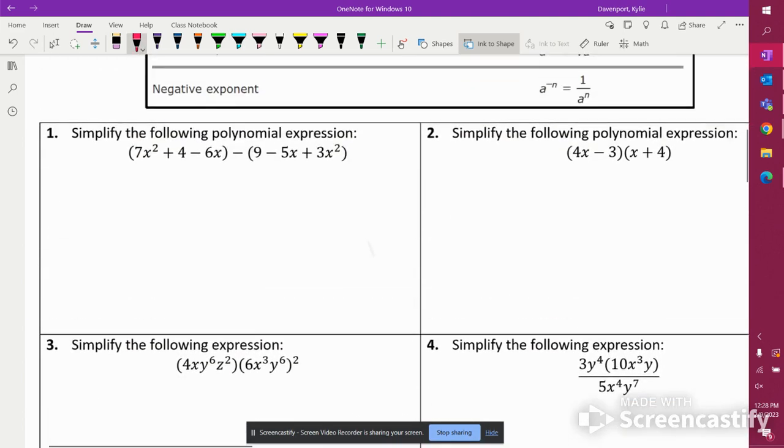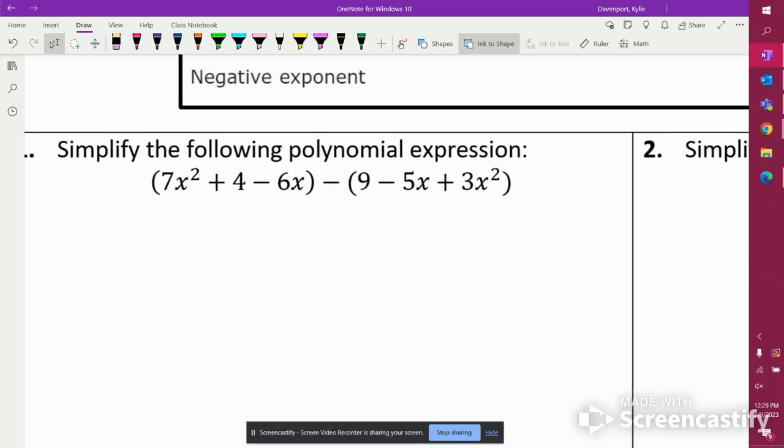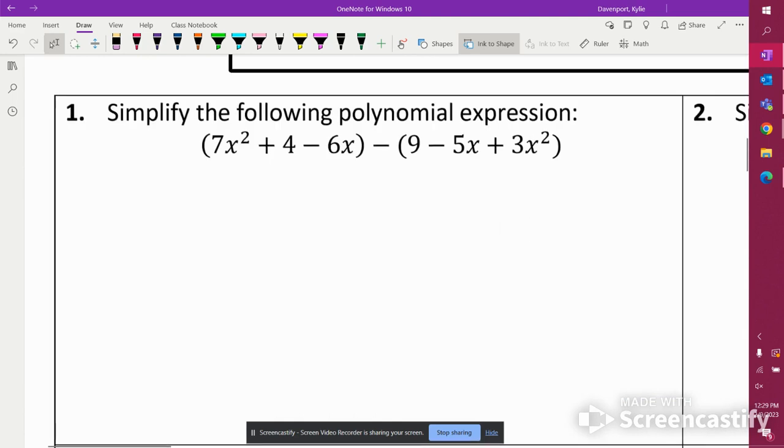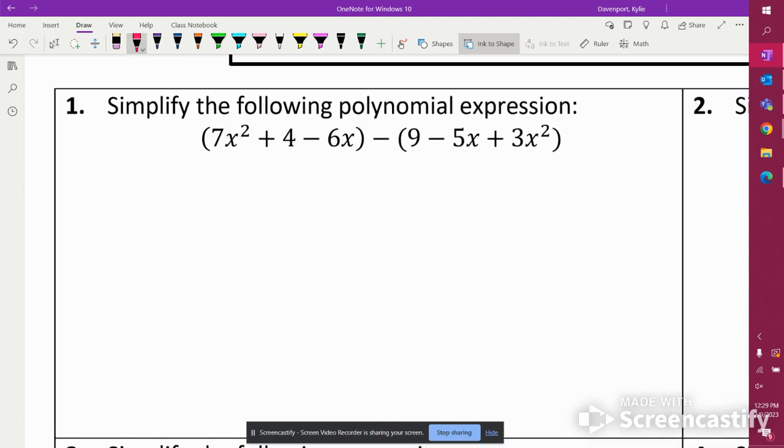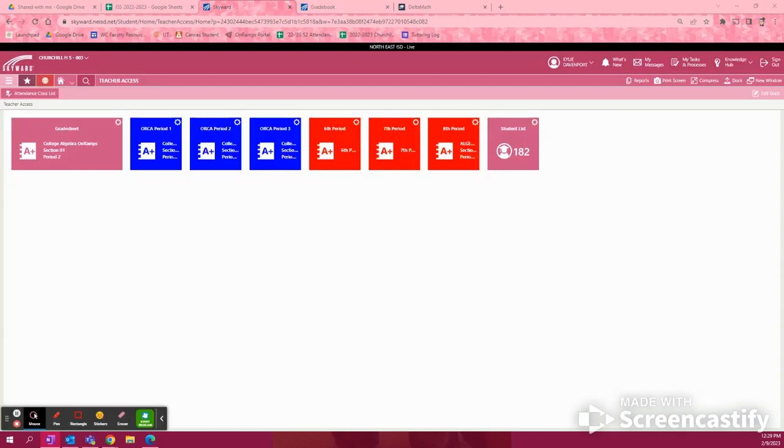So first thing we're going to take a look at, number 1. Simplify the following polynomial expression. Notice, we are subtracting my polynomials.